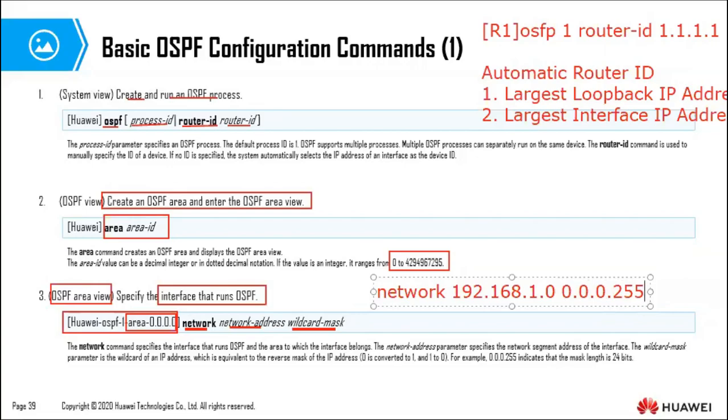So this is /24. We simply change the ones to zeros and zeros to ones. So that's what we call a wildcard mask. So we use the network command to advertise the interfaces. So you simply enter the network address of the interface and the wildcard mask. Okay.